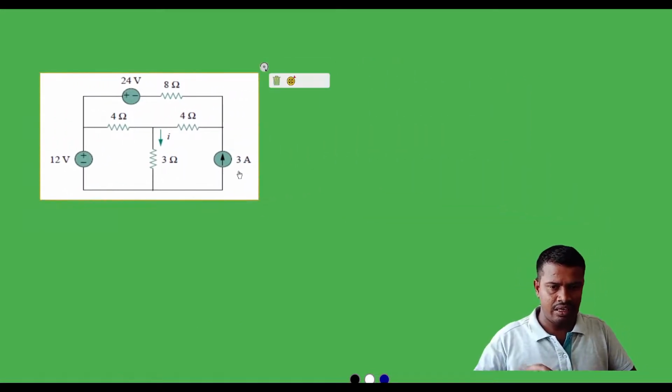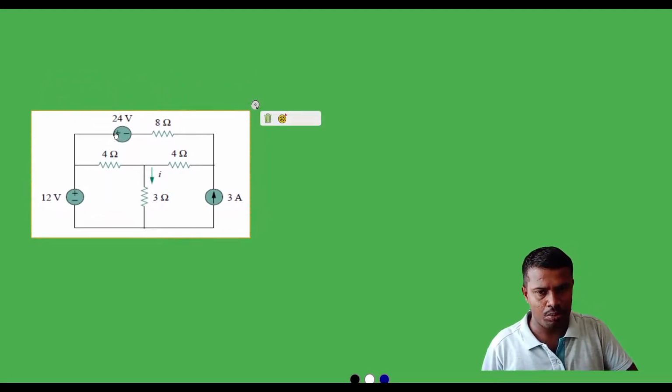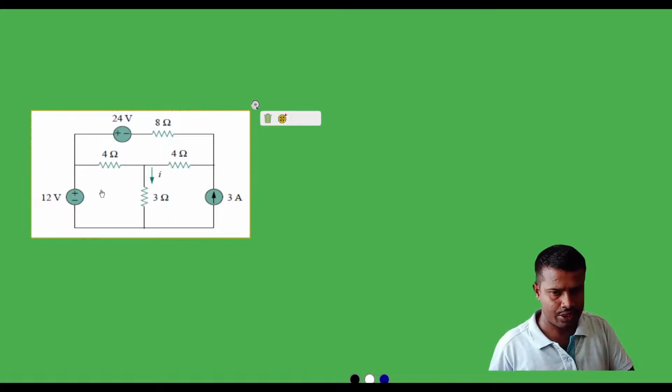Next we will turn on the 3 amp current source, and we will turn off both the voltage sources. As the internal resistance is not shown here, we will turn off these voltage sources with short circuit.